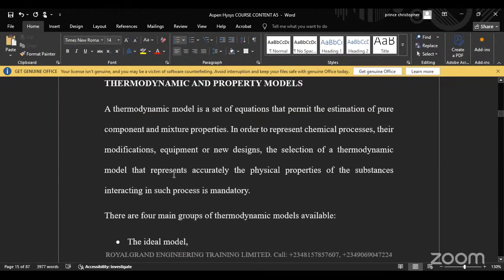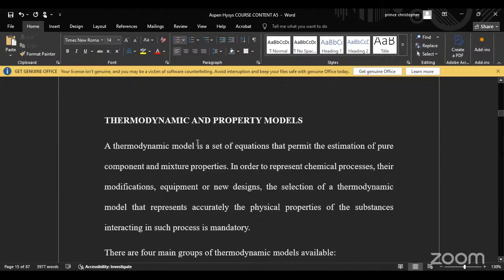Okay, yeah. A thermodynamic model is a set of equations that permit the estimation of pure component and mixture properties. In order to represent chemical processes, their modification, equipment, or new designs, the selection of a thermodynamic model that accurately represents the physical properties of the substances interacting in such a process is mandatory.